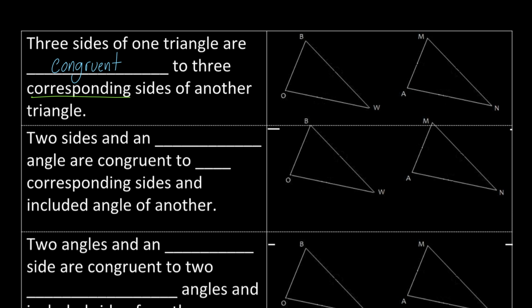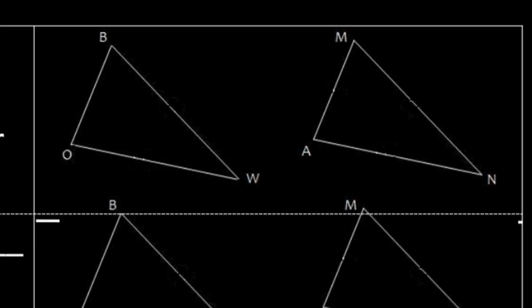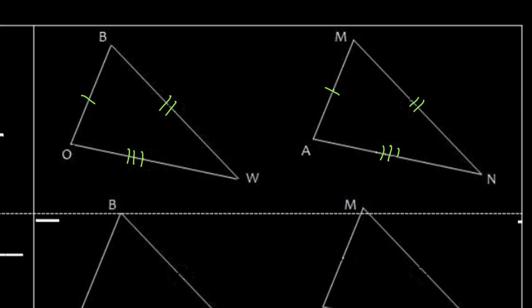Okay, so now I'm going to mark these two triangles congruent by side, side, side. So I'm going to mark OB congruent to AM, BW congruent to MN, and OW congruent to AN. What I like to tell my students to do once they have their congruent parts is label them with S's and A's.